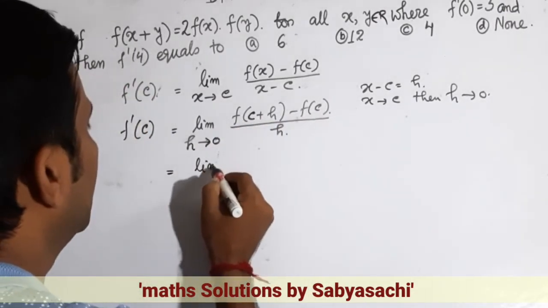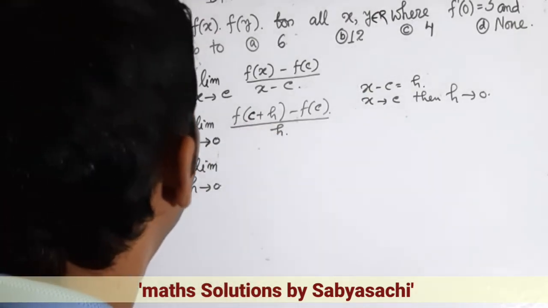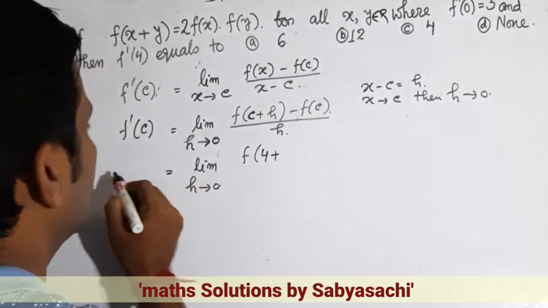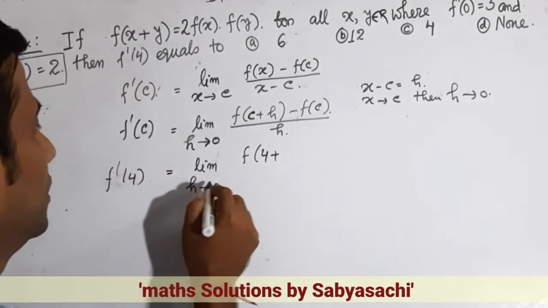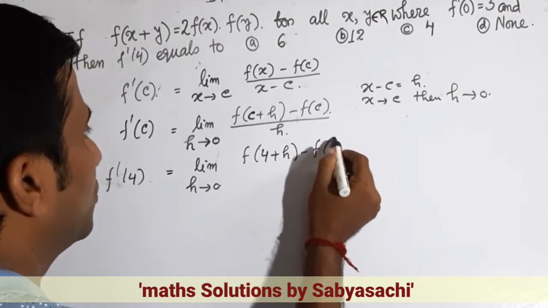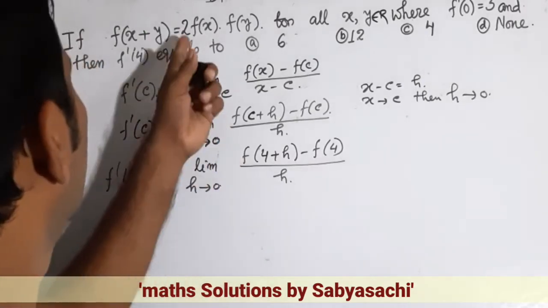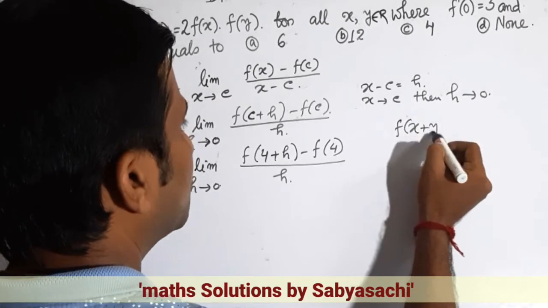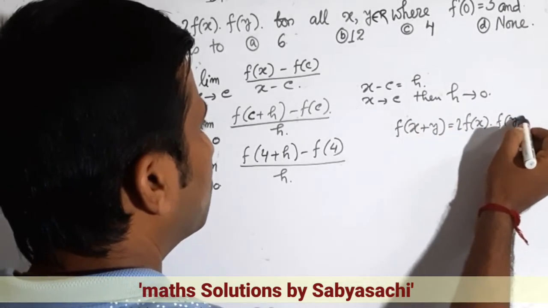So we get f dash 4 equal to limit h tends to 0 f of 4 plus h minus f of 4 by h. Now it is given that f of x plus y is equal to 2 into fx into fy.